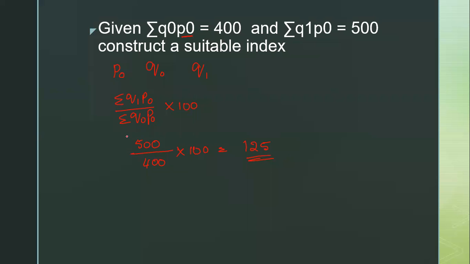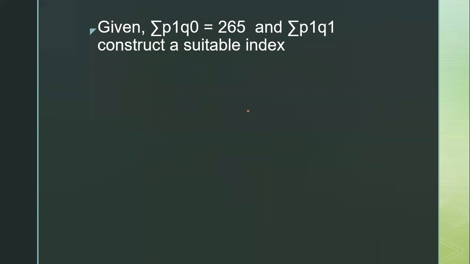If you write the formula and solve, you will get full 2 marks. Now here, given summation P1 Q0 is equal to 265 and summation P1 Q1 is 260.